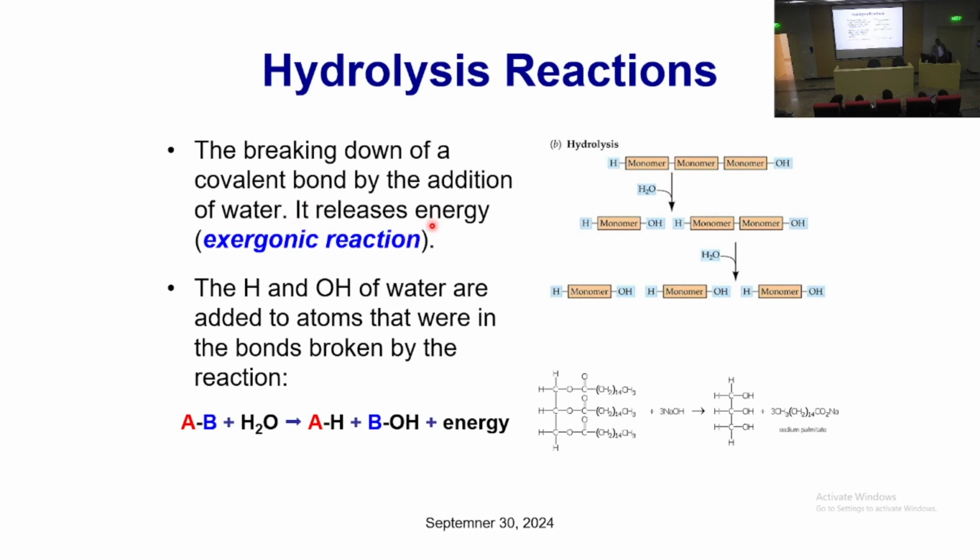And it releases energy, as we said. The same amount of energy that is needed to produce this bond is released when you break the bond. And as we said, the hydrogen and hydroxyl group are added to the atoms, and the bond is broken. Here A-B plus water, you will get A with hydrogen, B with hydroxyl group plus energy.